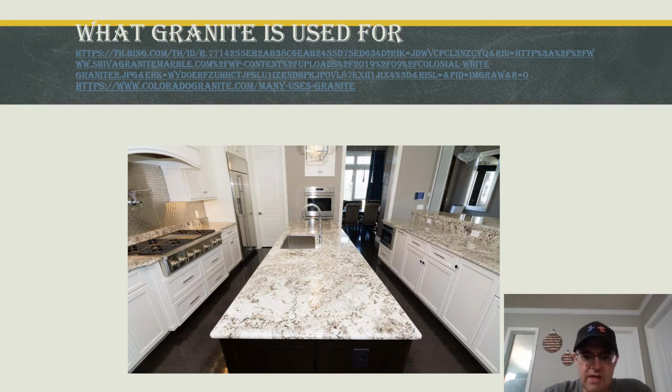The reason is it's a durable rock that can be shined, and because it's shined, those larger crystals come out, and that's what makes it so attractive for people to put into their houses. Another reason is that it's extremely durable. So having the granite countertop is kind of like a centerpiece to their house.